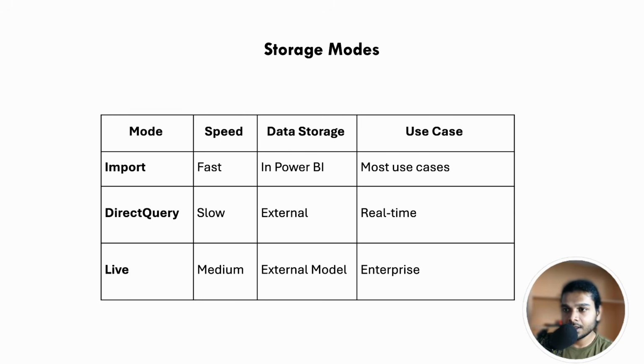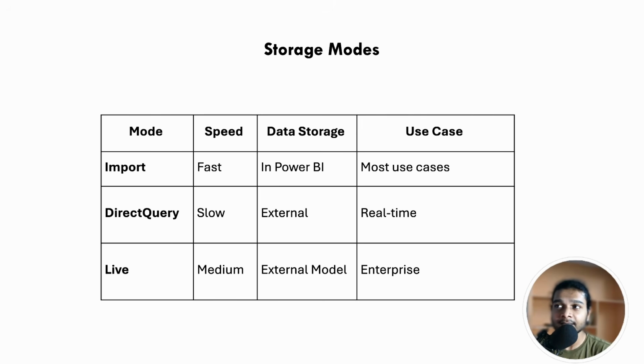Now, let's talk about storage modes. When we connect a data source to Power BI, it gives us two options to choose. One is import and the other one is direct query. If we choose import, Power BI gets all the data from the data source and stores the data locally inside Power BI.